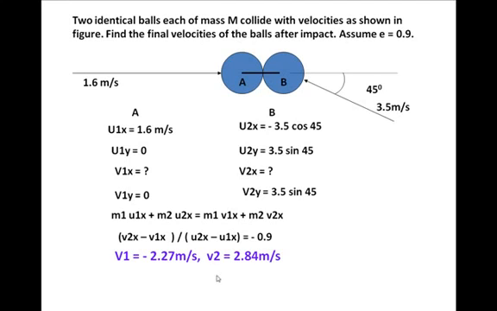Now we have to just remember that when I'm working out v1, I will get from these two equations the answer for v1x. v1y is 0. So final velocity is actually the square root of v1x squared plus v1y squared. v1y is 0, so v1x's magnitude will match with v1.